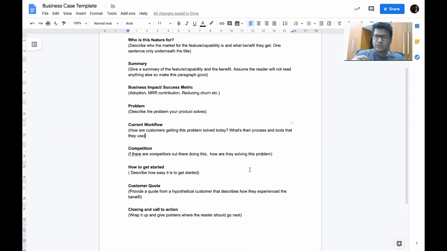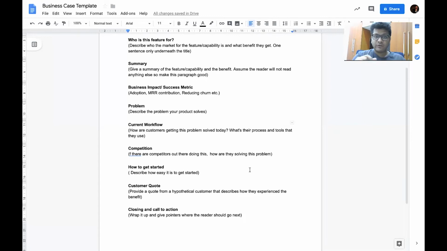And then you can also imagine a customer using this, and create a quote from that customer, who is delighted by this feature. So I think Amazon uses this template, or a similar template, and it's a great way to actually imagine or reverse engineer what a successful product or a successful feature will create, an emotion within a customer.